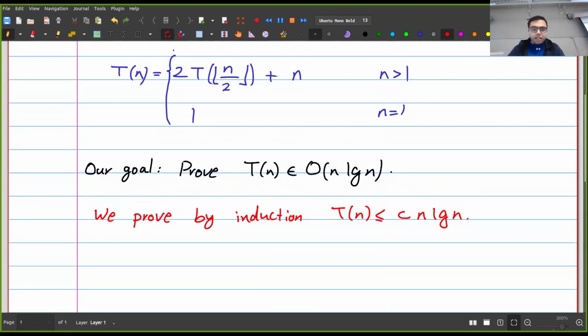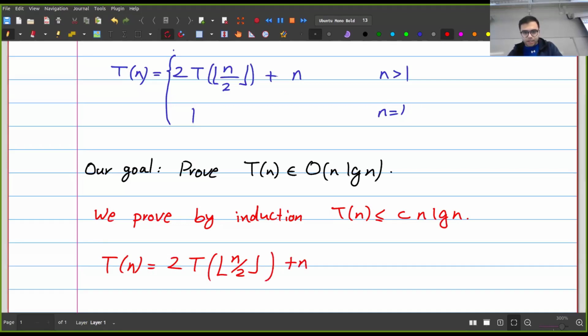So let's say that I know that this holds for all values smaller than n, and I want to show that it also holds for n. So what do I know about T of n? If n is large, I know that it has this formula. So I know that T of n is 2T of floor of n over 2 plus n.